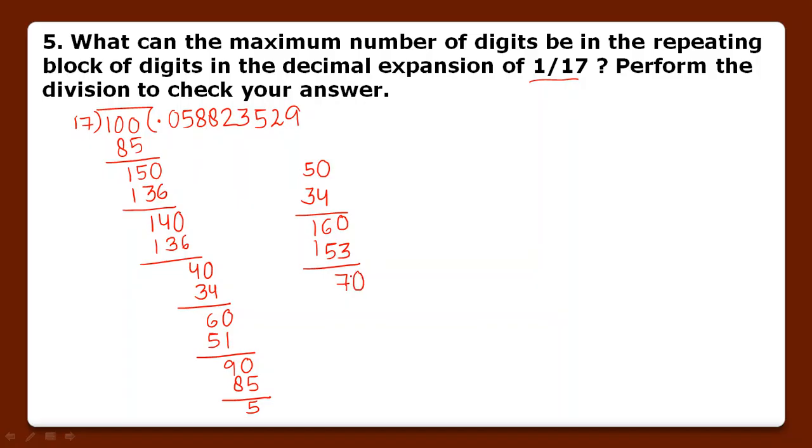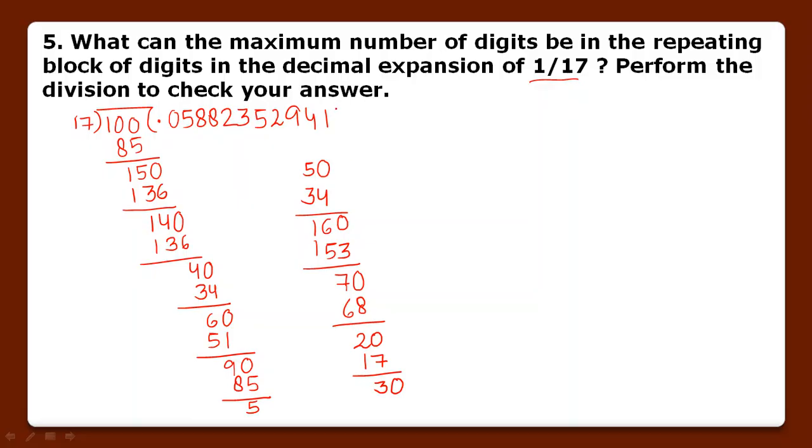Again we'll take a 0. Then 17 4s are 68. We'll get 2 as a remainder. Again a 0. 17 1s are 17. We'll get the remainder 13 and we'll take one more 0.